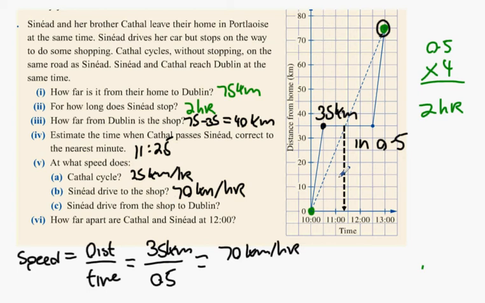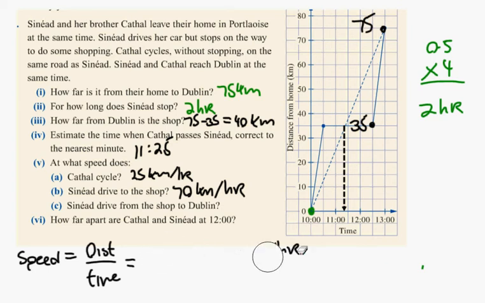Sinead drove from the shop to Dublin. So where is the shop to Dublin? This green line here. Now, how far did she travel in that half an hour? She started at 35 and she ended up at... How far did she travel?